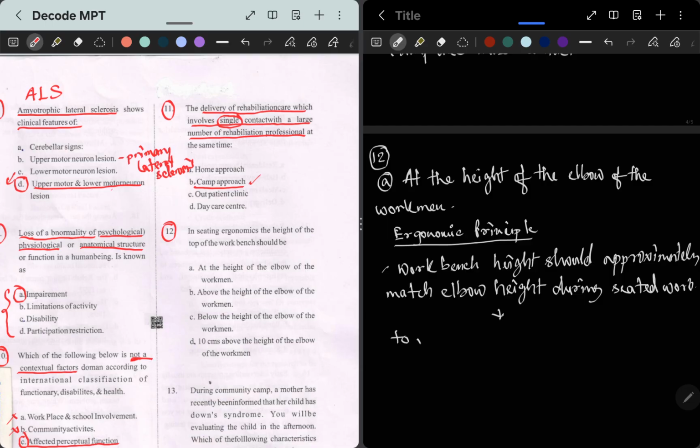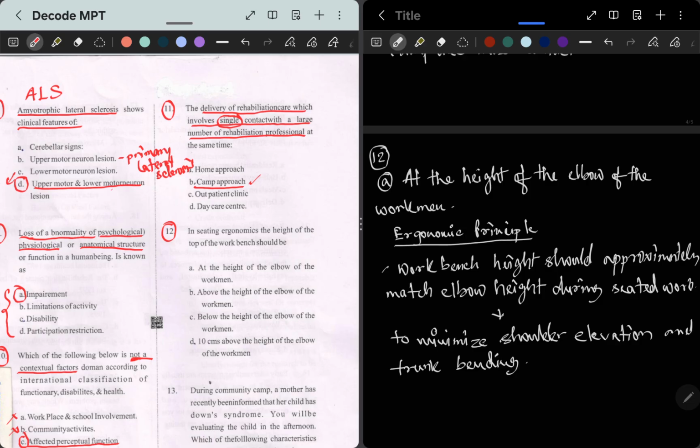To minimize shoulder elevation and trunk bending.